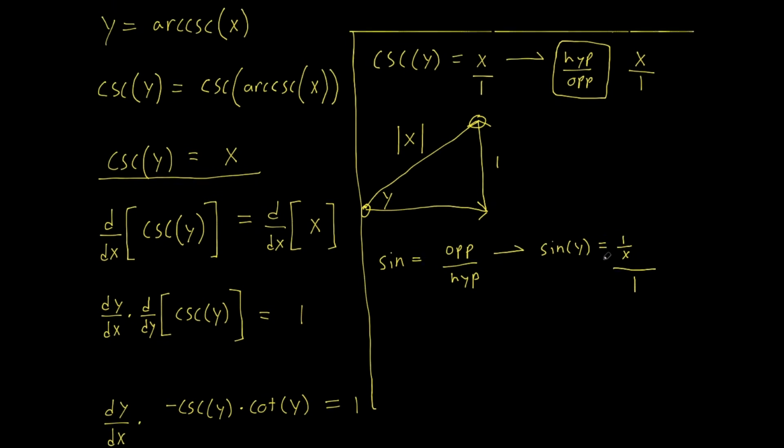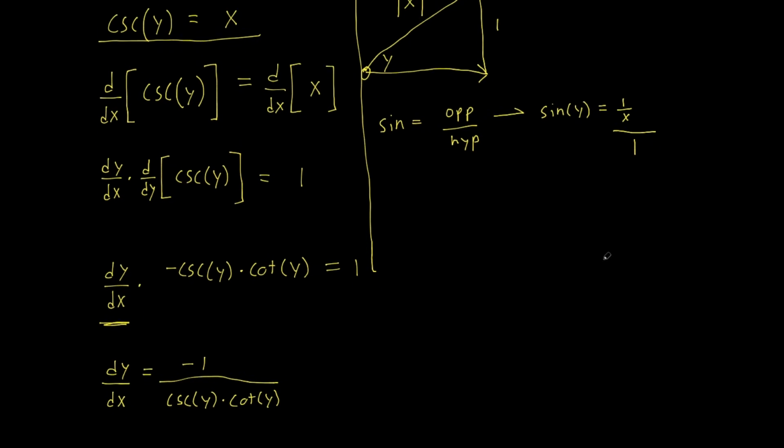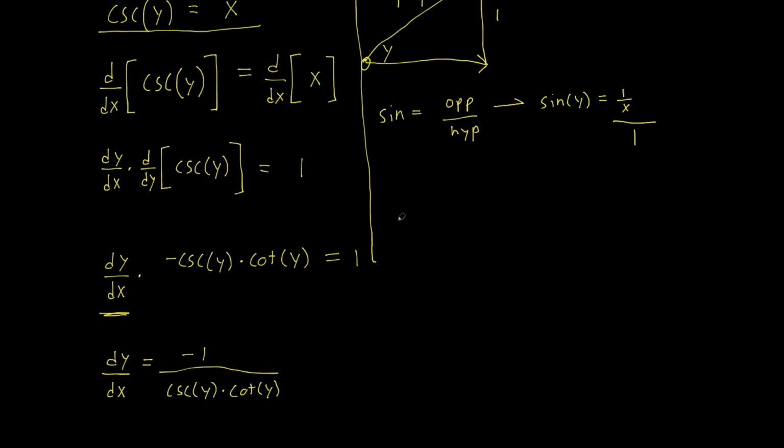So we can now rewrite that triangle using facts that we already know. And say we have a right triangle, sine of y equals 1 over x over 1. And so now we don't have the issue of losing information by putting it in the hypotenuse, which contains no direction.